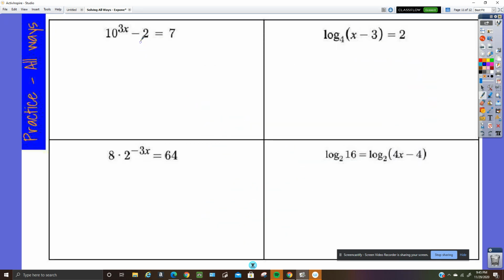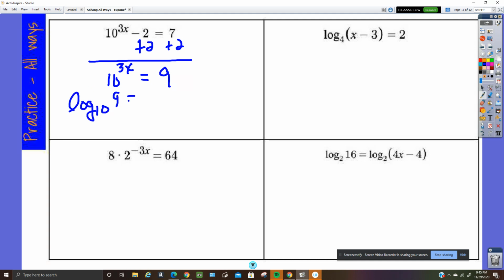So here's the practice. Here you want to isolate 10 to the 3x, and then log base 10 of 9 equal 3x, and then divide by 3.